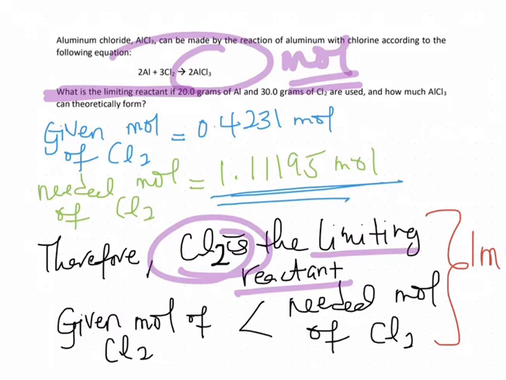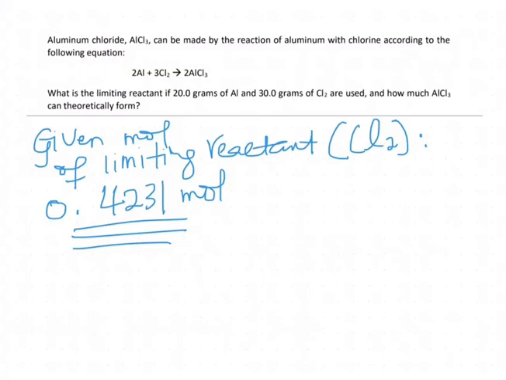When you want to find the mole of your product, you need to use your given mole of the limiting reactant. Why? Because the given mole is what you have, not the needed one. You need that, but you don't have that. You have the given mole, and that is the limiting reactant.